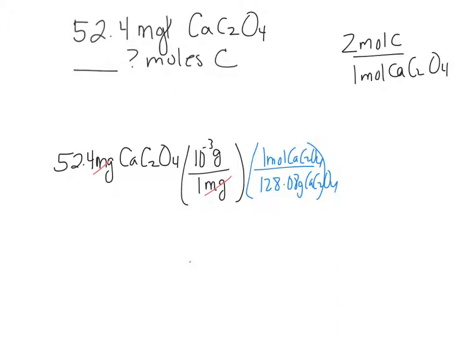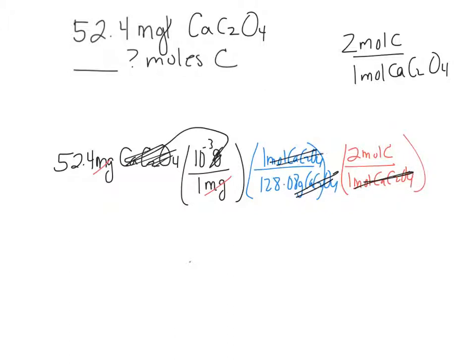Sorry, I'm squishing that in there. So now if I cancel out my units again, grams of calcium oxalate is going to cancel grams of calcium oxalate, and I have moles of calcium oxalate. I want moles of carbon, so I'm going to put 2 moles of carbon is equal to 1 mole of calcium oxalate. Moles of calcium oxalate cancel moles of calcium oxalate, and we're left with moles of carbon, which is what I was trying to solve for.